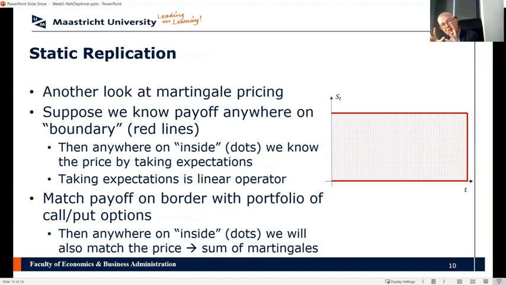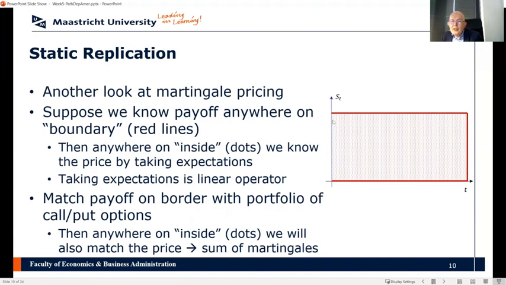Let's move to a different way of looking at options, and this is something known as static replication. So let's take another look at martingale pricing. So suppose I am viewing the payoff. This is like, for example, a finite difference grid, or in general, I have the stock price along this axis and I have time across this axis.